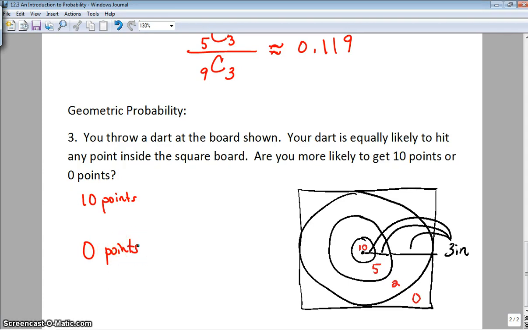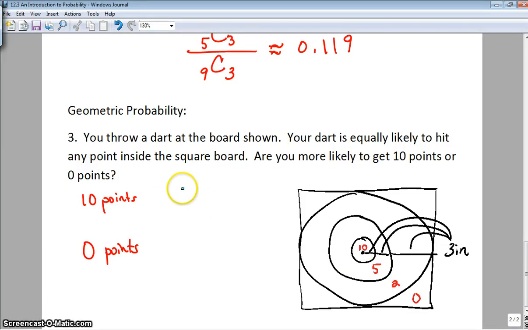Let's see. To get 10 points, I need to land inside this middle circle here. Okay, so let's see. Geometric probability has to do with either area, ratios of areas, or lengths. So we need to say that the probability that I'm going to get 10 points is the area of that little inside circle that has a radius of 3.